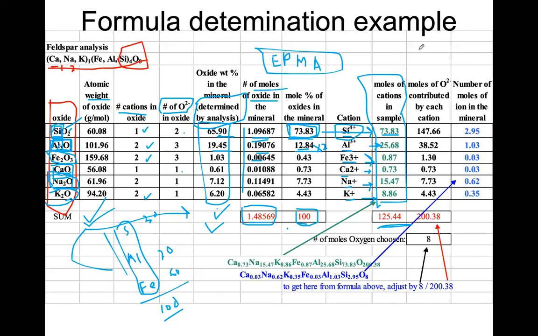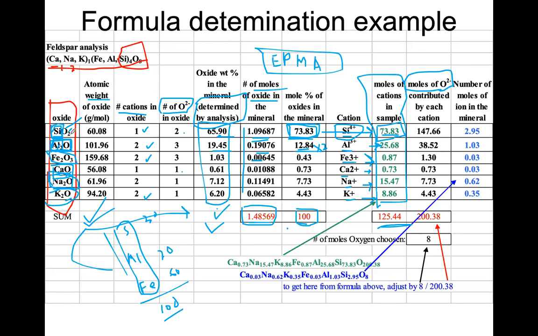Right, and then you have to find out how many moles of oxygen have contributed to each cation, because you have a certain number of moles of cation here, and to that, how many oxygen moles should be accommodated there, contributed there, right?